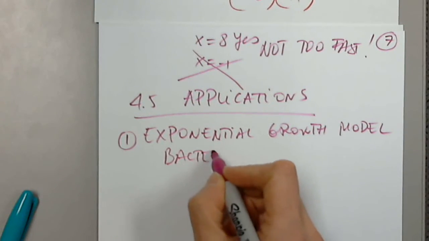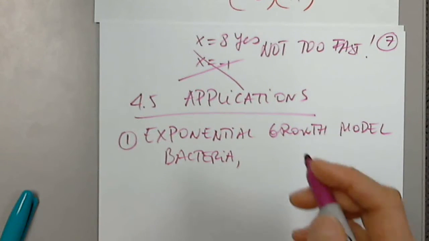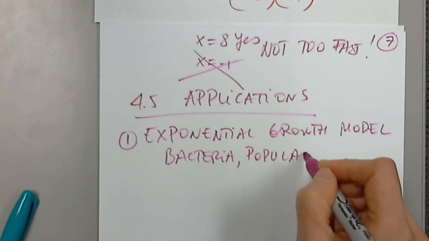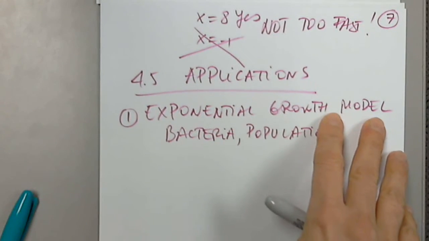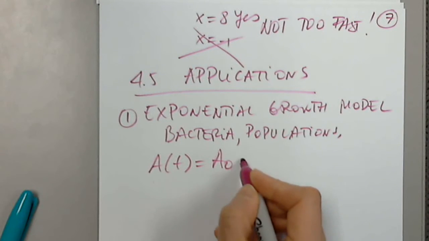Bacteria grow exponentially. Populations, not just people, fish, mice, rats, bats, and so on and so forth. They grow exponentially. The model in your book is this.